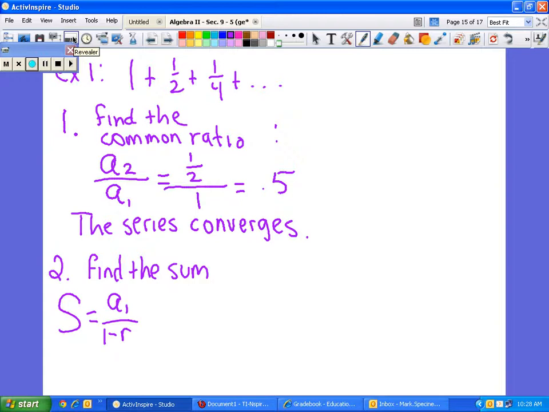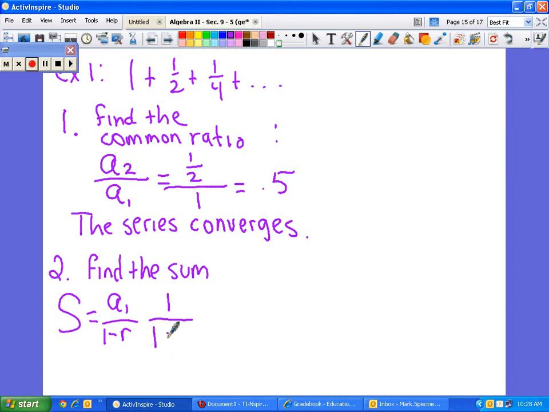If the series converges, we have to find the sum. So we take our first term, which is 1. We divide it by the difference of 1 minus the common ratio.